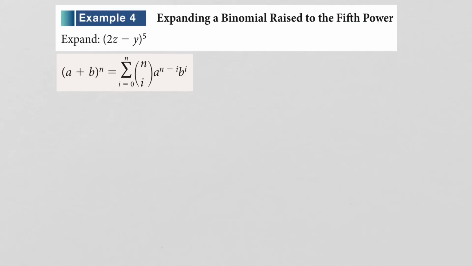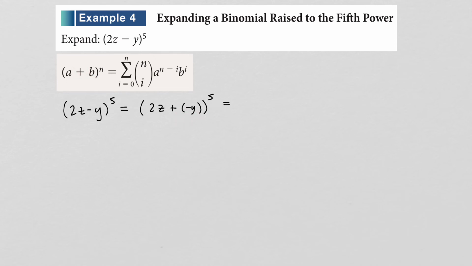Let's do one more. So here we want to expand 2z minus y to the fifth power. So the first thing you need to do is write this as 2z plus negative y to the fifth power, because your binomial theorem is for a plus b. So if you have a minus sign, you have to put plus a negative, which is what I did here.